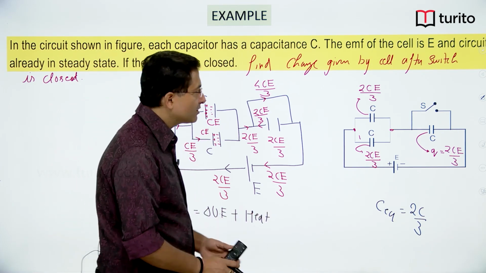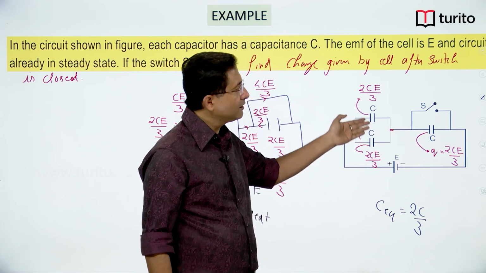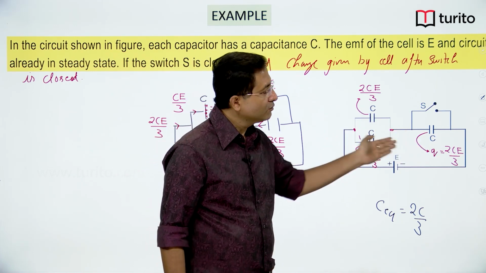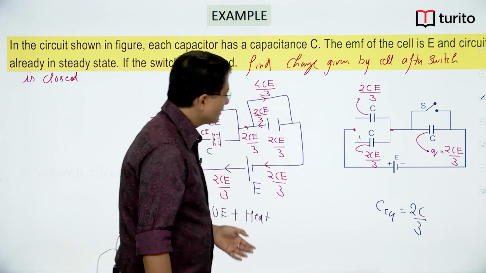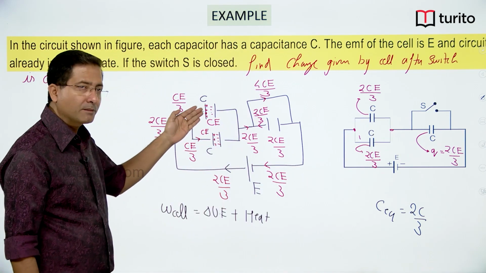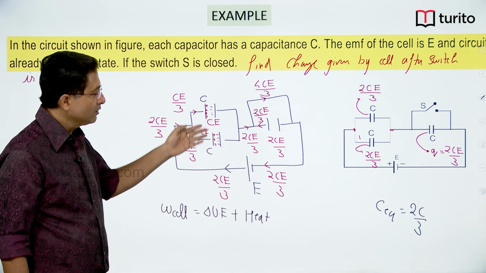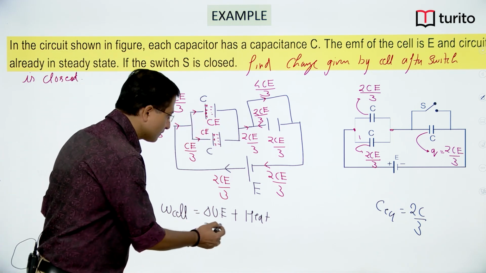So you know the initial charge distribution, you can find the initial energy applying the formula half q square by C. You have charges and you have capacitance. Similarly, you have final charges and you know capacitance, half q square by C you can apply. By that you will get the change in potential energy.